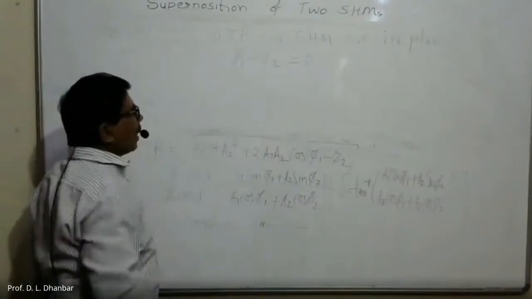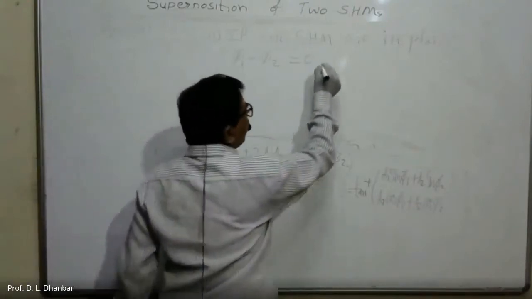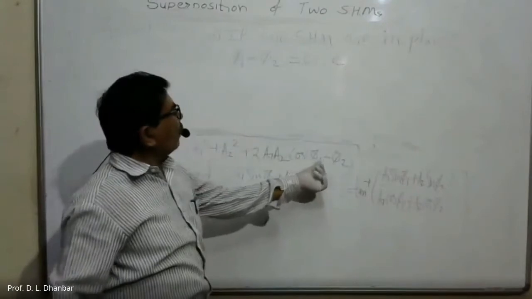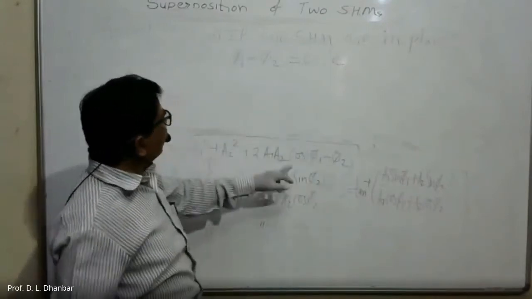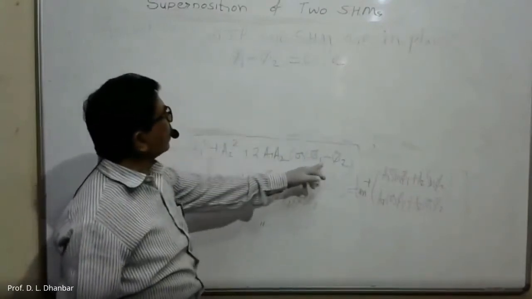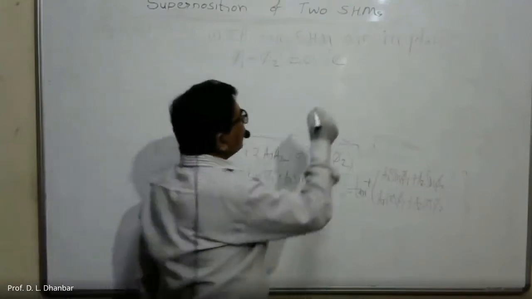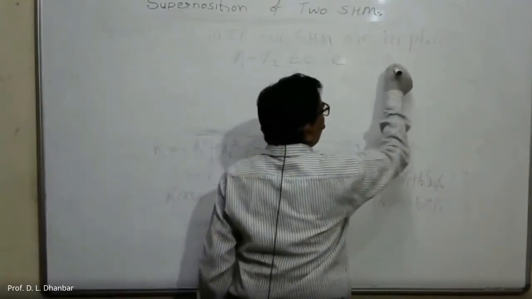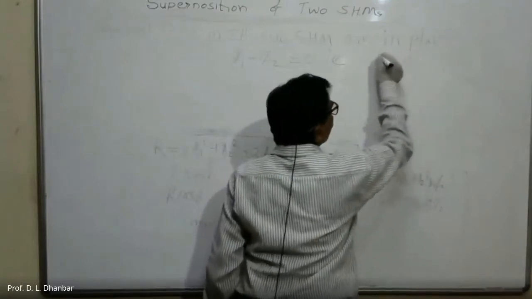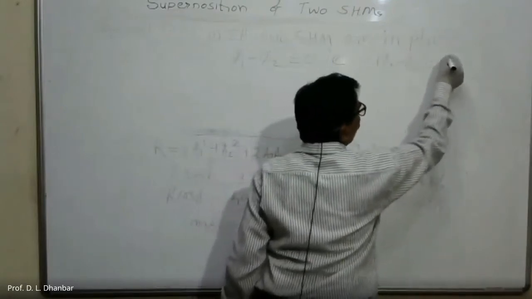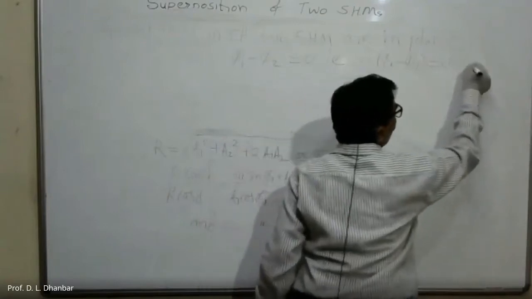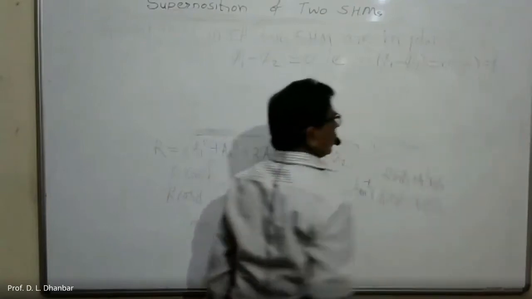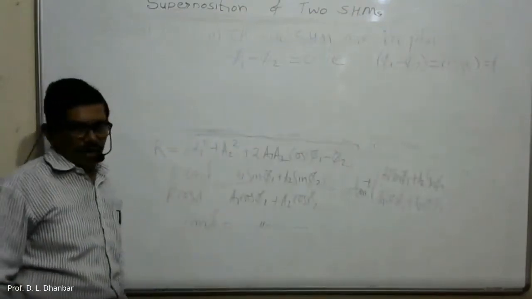As phi 1 minus phi 2 is equal to 0, here we have cos of phi 1 minus phi 2. If we substitute 0 here, this is cos of 0, and we know that cos 0 is 1.